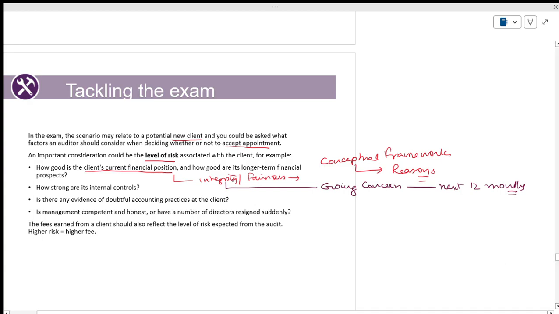This is one of the preconditions: the auditor has to mention the factors with respect to going concern. There is an international standard on auditing, ISA 570. We have to mention these things.